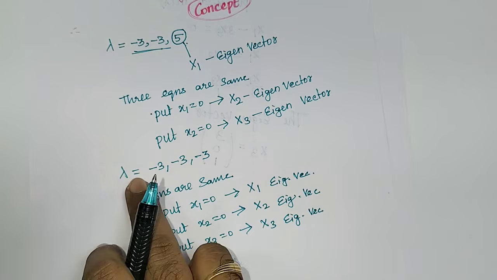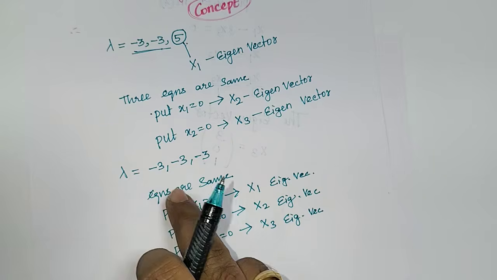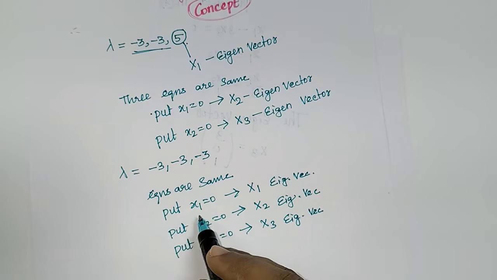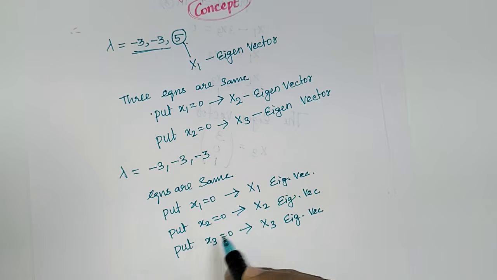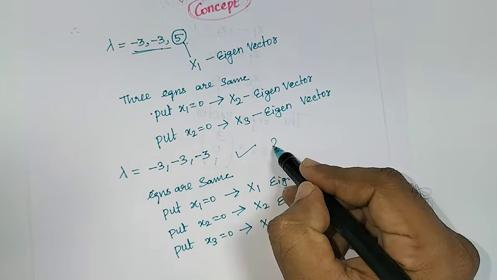So when all the eigenvalues are the same and the system of equations is also the same, we can find them this way: x1 equal to 0 gives x1, x2 equal to 0 gives the x2 eigenvector, x3 equal to 0 gives the x3 eigenvector. This is another model, type 2.